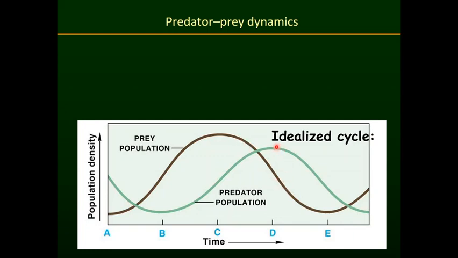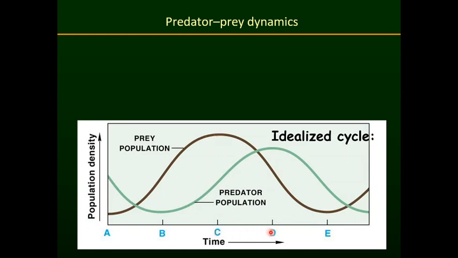And what we're seeing here is a lag. There's a lag time between when the prey changes its population size and when the predator population responds. So, for example, the peak here of the predator population's density is offset from the peak of the prey population density by a time interval between C and D, whatever that is.